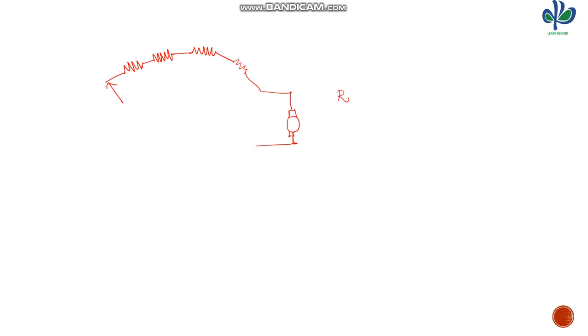When the resistance is high, the current flow is low, so the EB is also low. When the resistance is reduced, the current flow is increased, so the back EMF is also increased. This is at the instant of starting. The second condition is the running position of the starter.